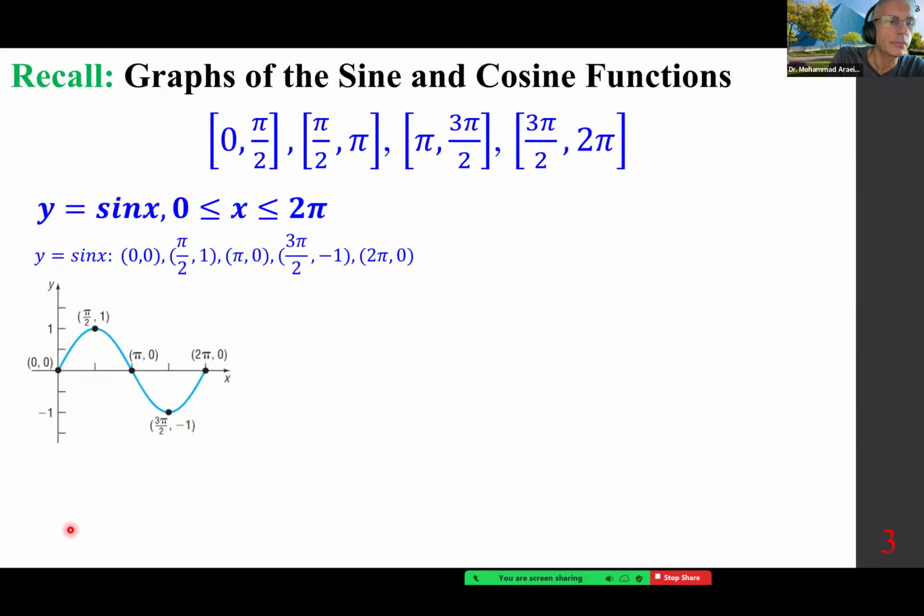So here's 1, here's 2, here's 3, and here's 4 arcs.